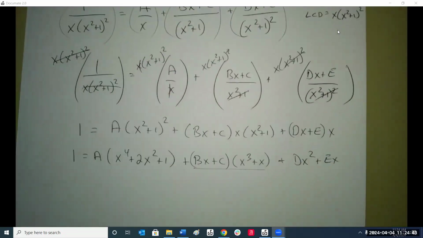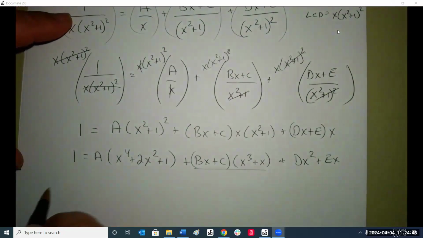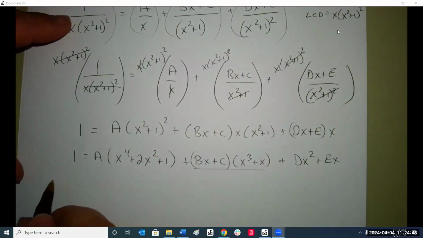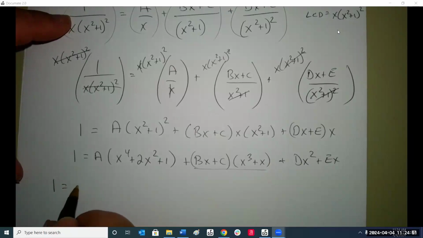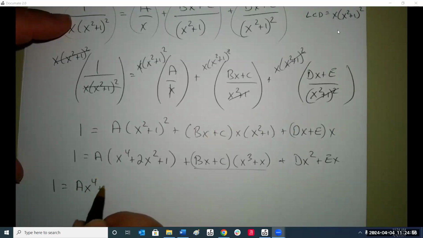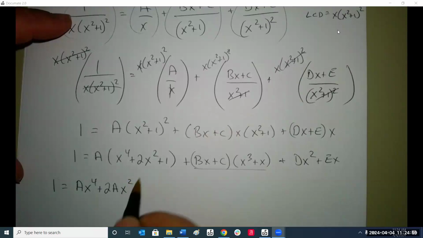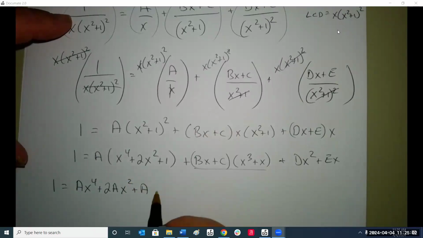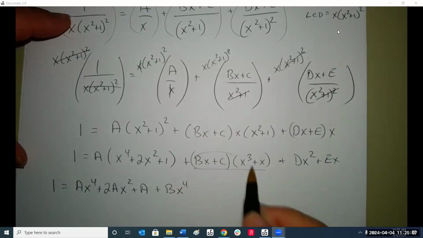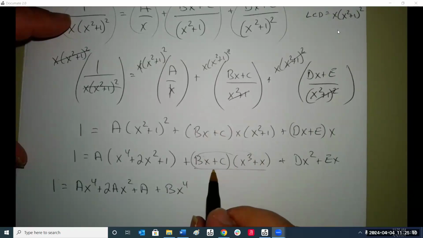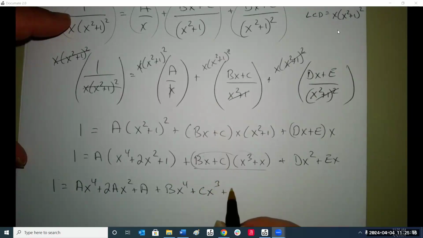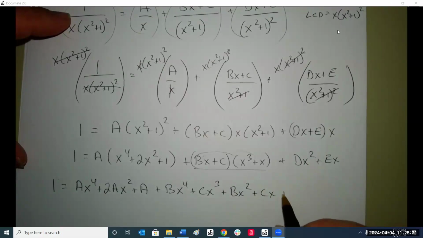I gotta do this. 1 equals ax to the 4th plus 2ax squared plus a. Bx to the 4th plus cx cubed plus bx squared plus cx.